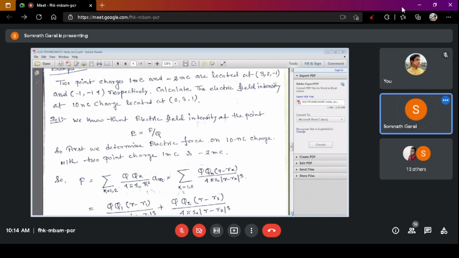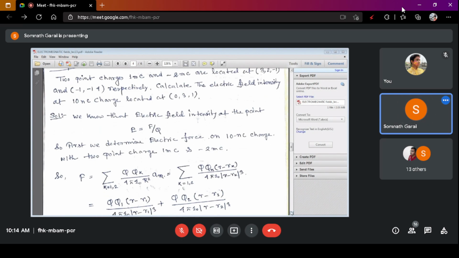So we know that the standard equation of electric field intensity at a point is capital E equals F by Q, right?